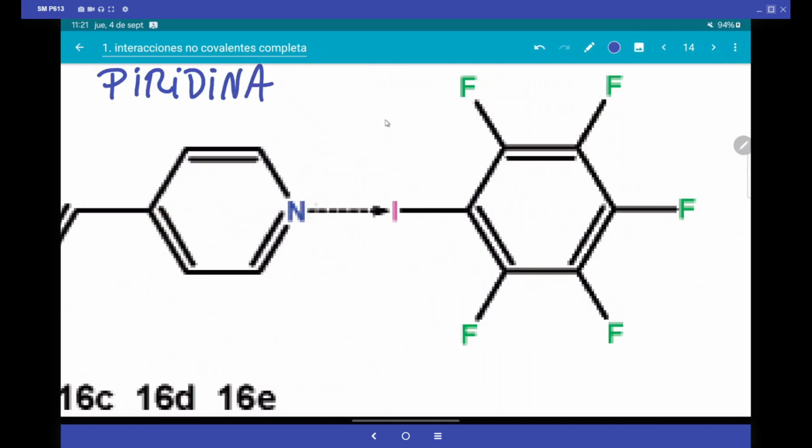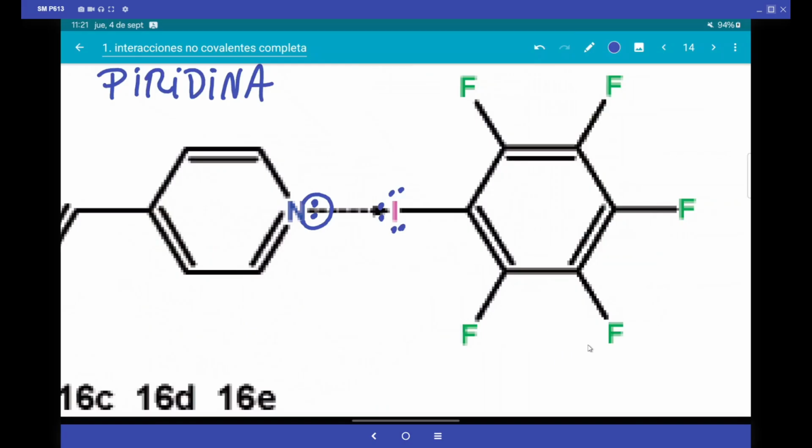And here we have again that this pyridine is interacting with an iodo atom. When the halogen bond is strong, in the aromatic ring, in this case the benzene connected to the iodo atom, the fluorine atoms play a role.